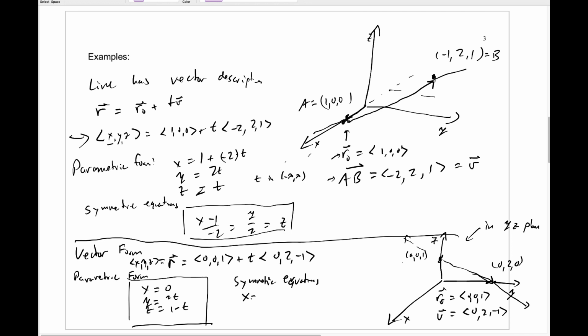I'm just going to have to leave x equals 0 as one of our symmetric equations. And then if I solve for t in each of the others, in the second equation, t is just y over 2. And in the third equation, t is z minus 1 over negative 1. We get these two equations, which are now separated, and these are the symmetric equations for this line.